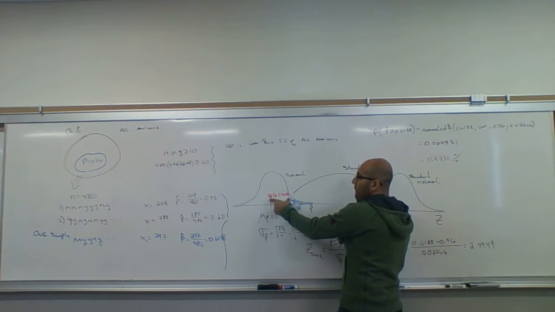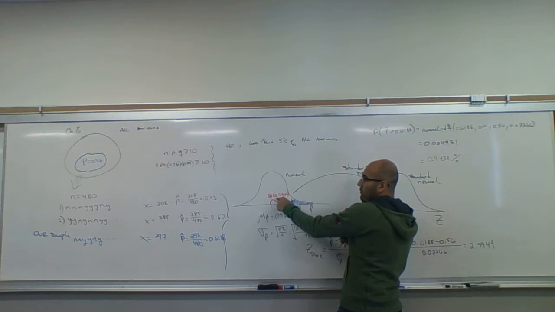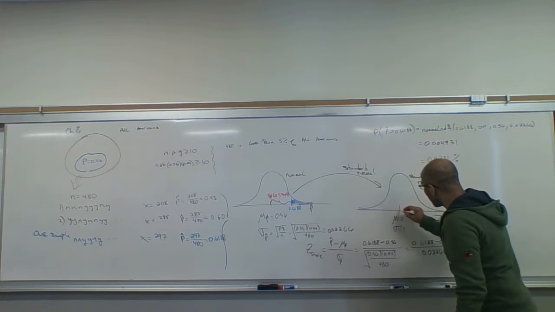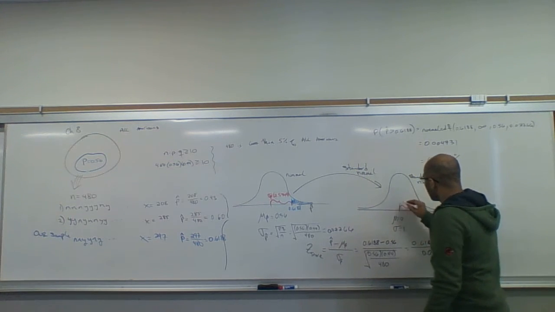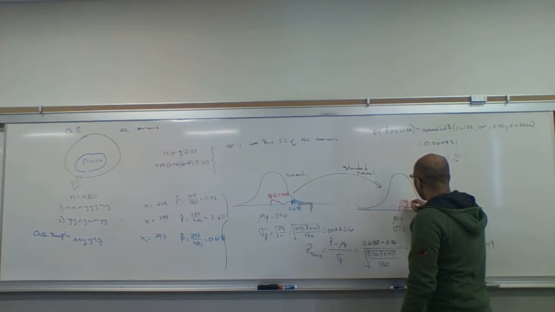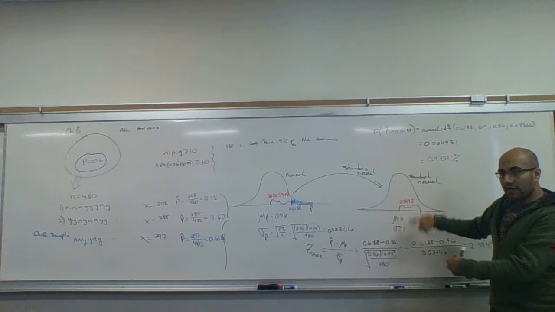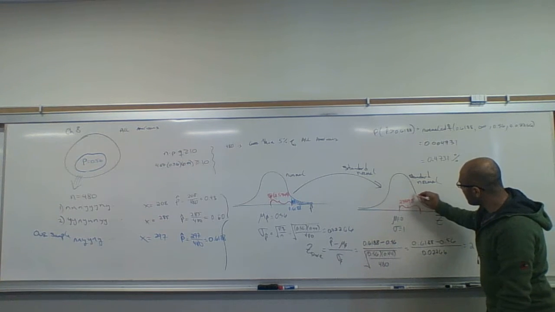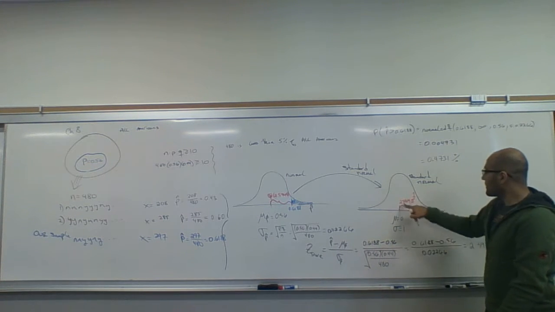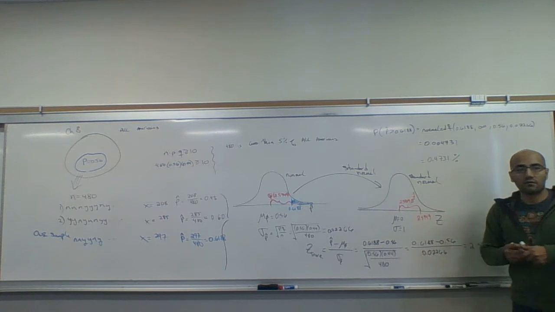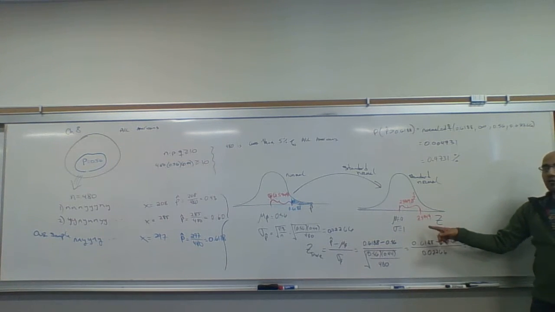The mean plus this gets you to that. 2.5949 times its sigma gets you to that point. So over here, I need to go 2.5949 times this sigma to get to that point. But luckily, in the standard normal distribution, the sigma is 1. So it's just that number, 2.5949. That's one of the nice things about the standard normal distribution.